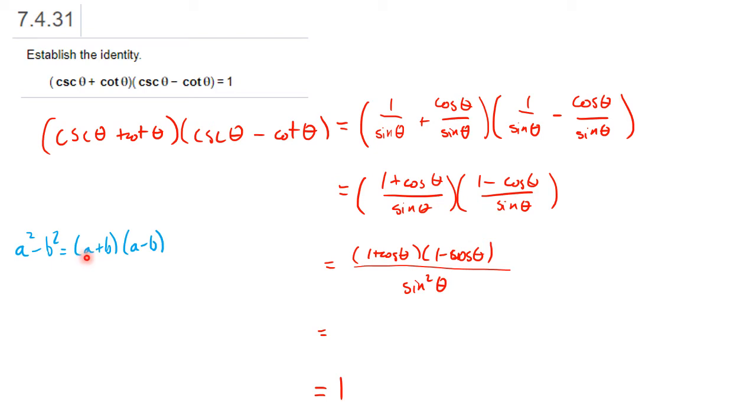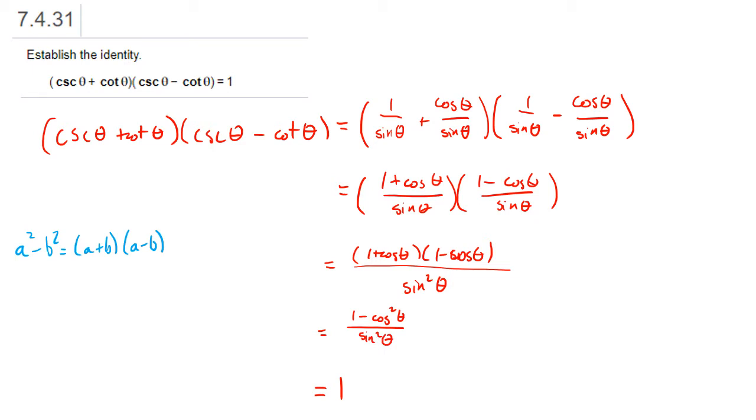In other words, something plus something times the first minus the second. First plus second, first minus second. So while you could distribute that whole thing out, it is just going to be a difference of 2 squares. And switching back to red, it's just going to be 1 minus cos squared theta over sine squared theta.